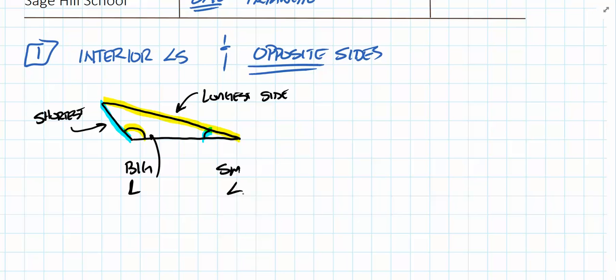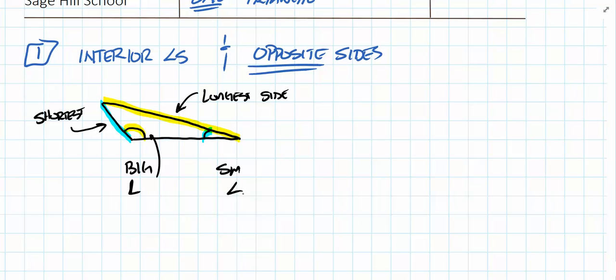Would you guys agree with this statement? The longest side of the triangle is opposite the biggest angle. Is that true? Yes. Would you agree with this statement? The smallest side of the triangle is opposite the smallest angle. You guys agree with that one? And then, of course, the other angle is just the other angle, and the other side.